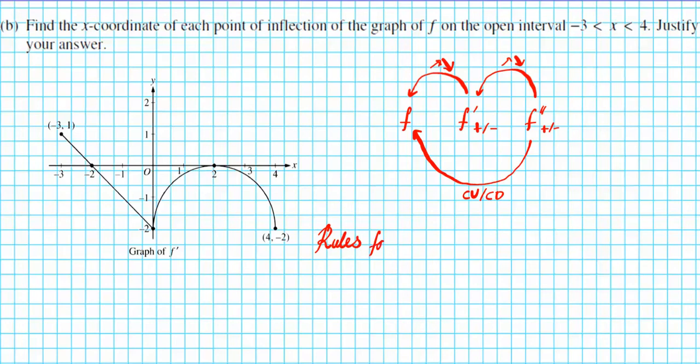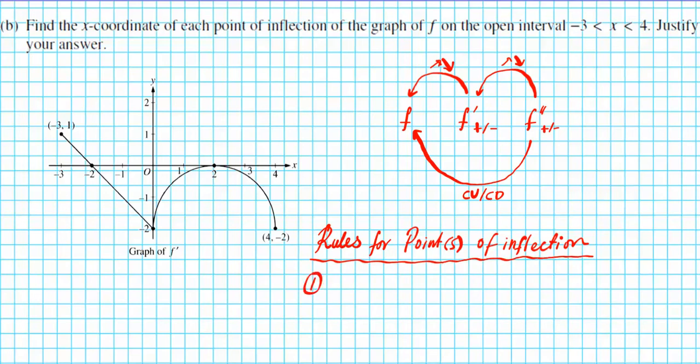All right, so these are the rules for point of inflection. Sometimes it could be 1 point of inflection. As I indicated earlier, there are 3 ways you can find your point of inflection.